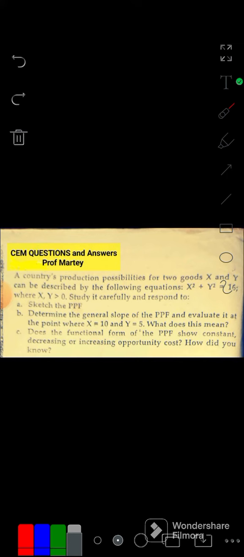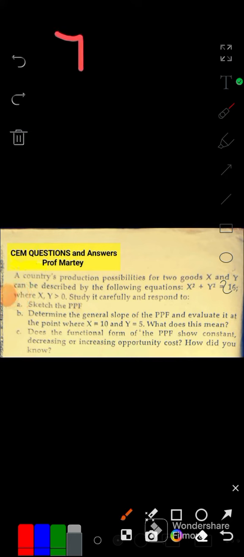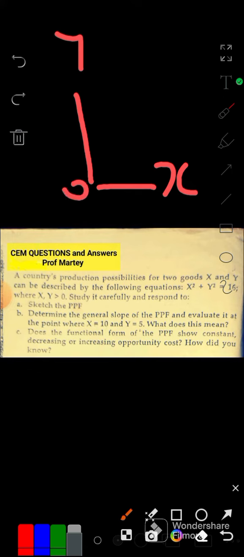We are going to plot the curve. Since our y is on the vertical axis, you write your y, you write your x, then your vertical line and the horizontal line. Y, we calculated when x was 0, y was 4, so we write our 4 here.